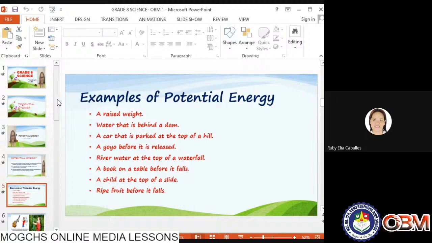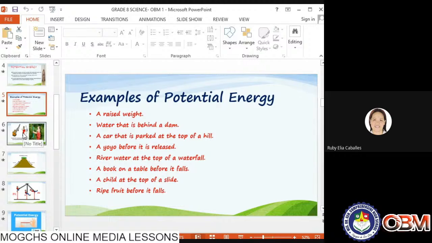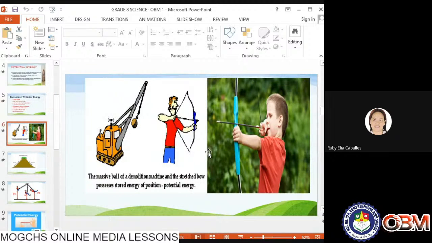Now, to understand further, I have here some illustrations about potential energy. Let's take a look at this. This is the massive ball of a demolition machine, and the stretched bow possesses stored energy.